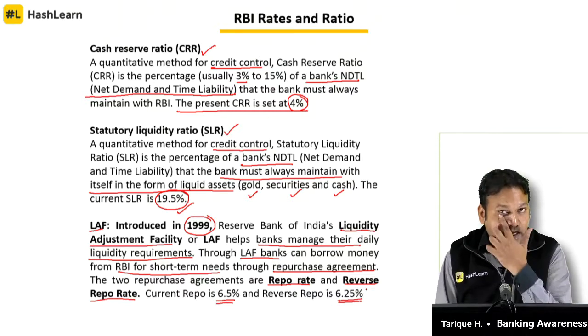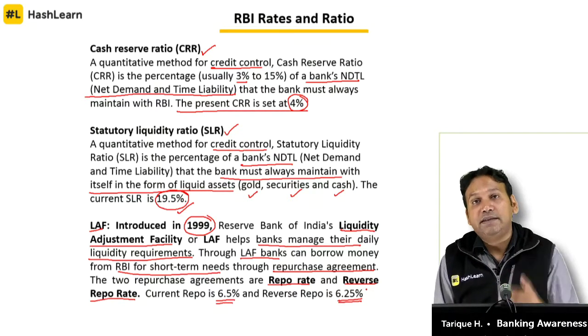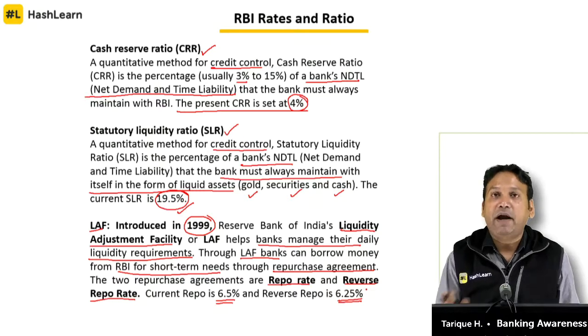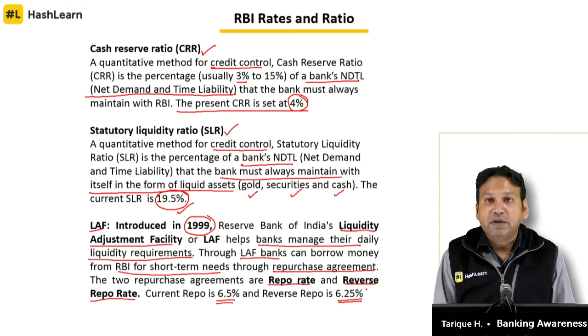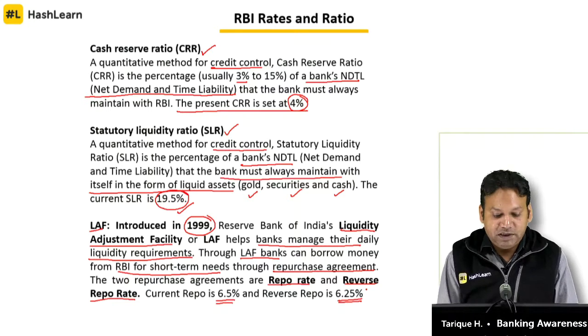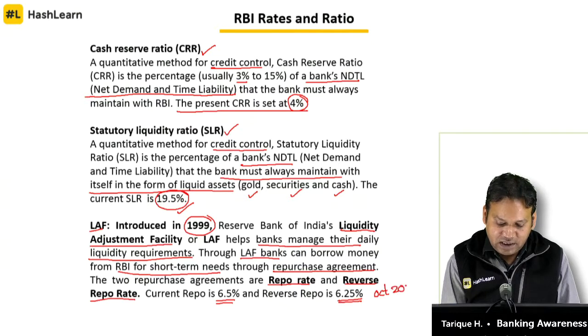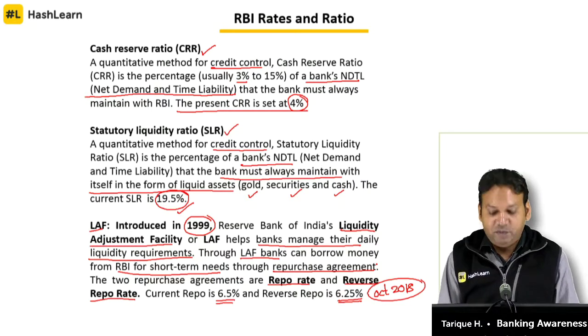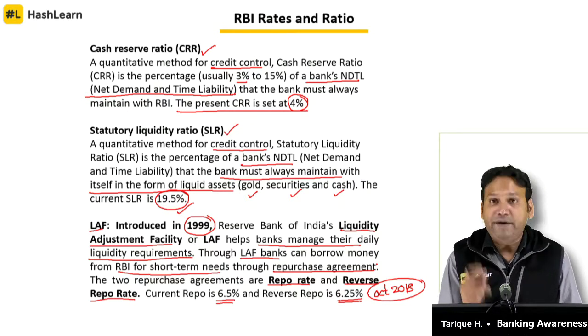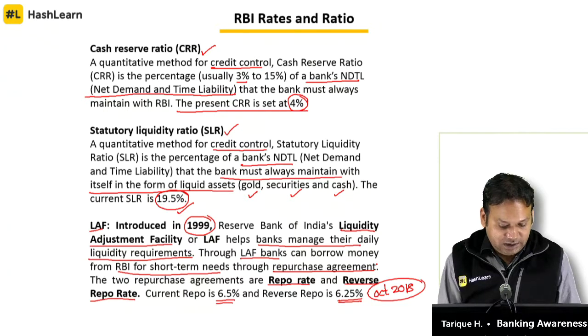Reverse repo rate is always less than the repo rate by 100 basis points. It will always be less than the repo rate. So current repo rate is 6.5%. Current means what? I am talking about as latest as October, November 2018. That means the latest figures I am giving to you, October, November 2018. The current repo rate is 6.5%.